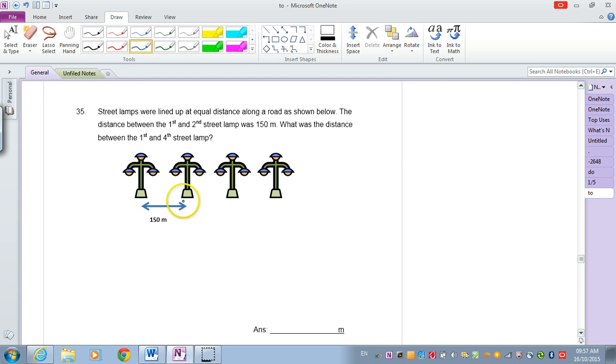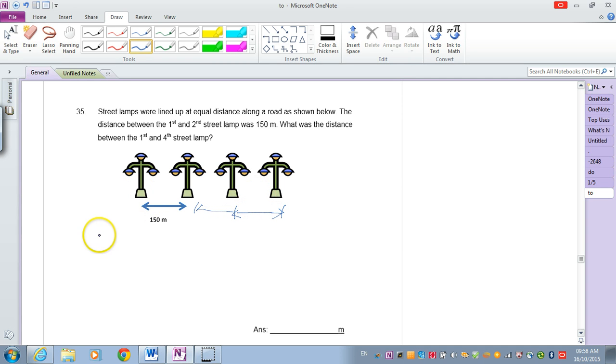You have one of this, and one more between the second and the third street lamp, and another one from here to here. So you only have 1, 2, 3, 150 meters.